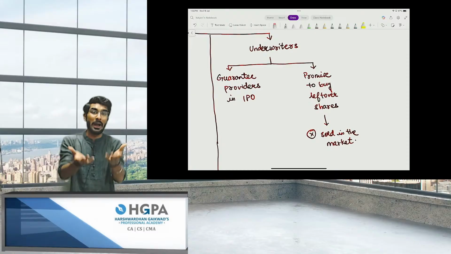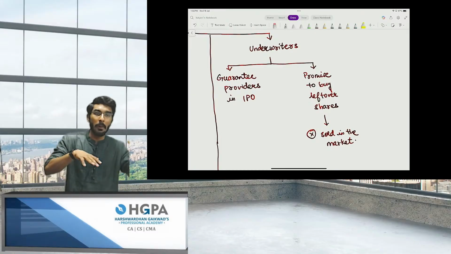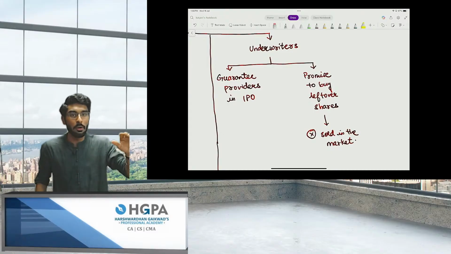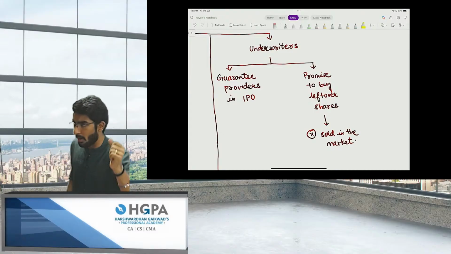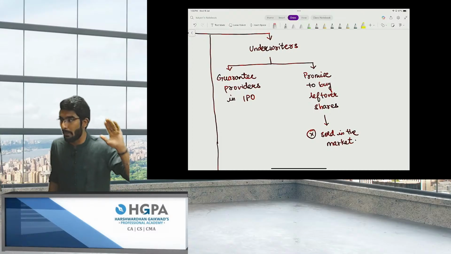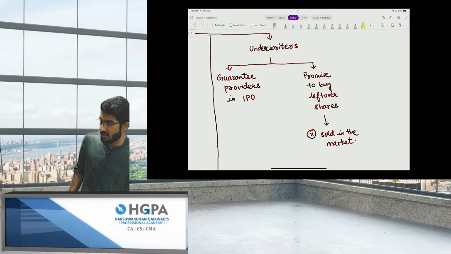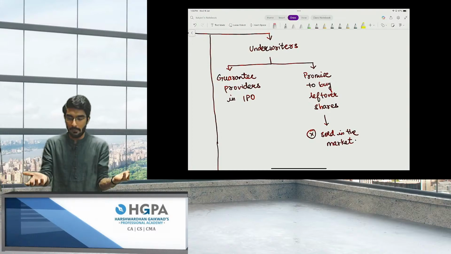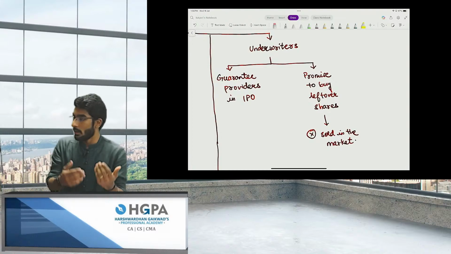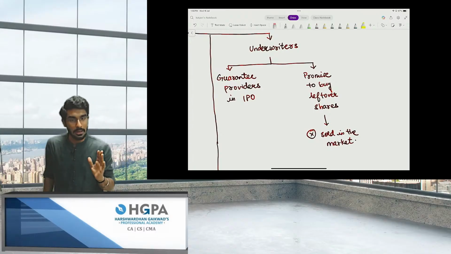They promise that if the public is not purchasing your shares, don't worry, we will purchase the leftover shares, and we guarantee that you will be able to raise the entire capital that you want to raise. After that, we will release the shares to the public gradually via the stock exchange. But why are we doing it? We are doing it to earn commission in exchange.